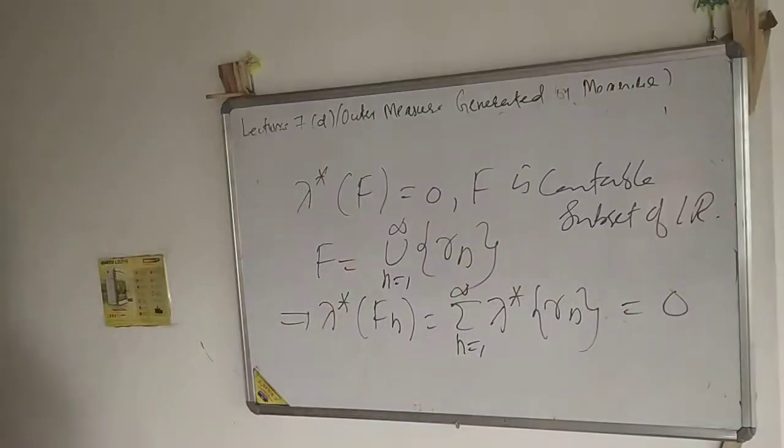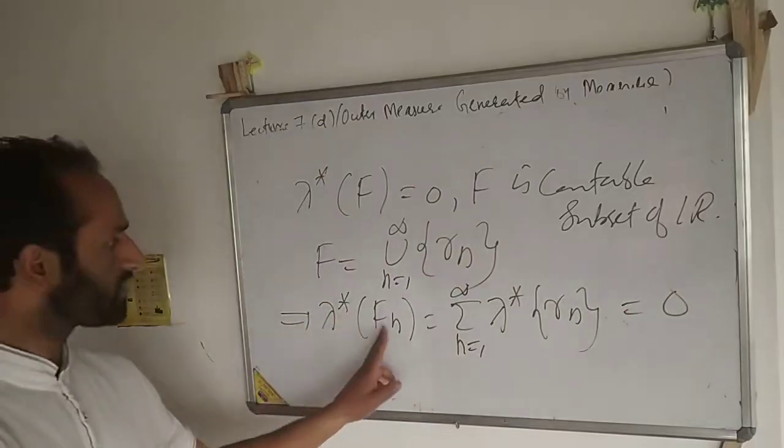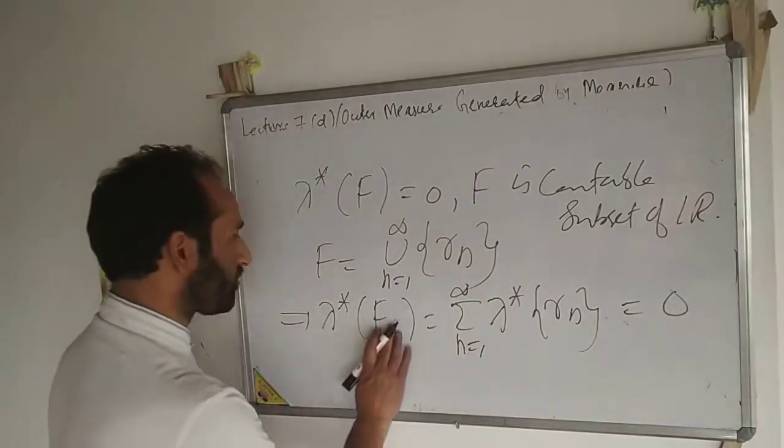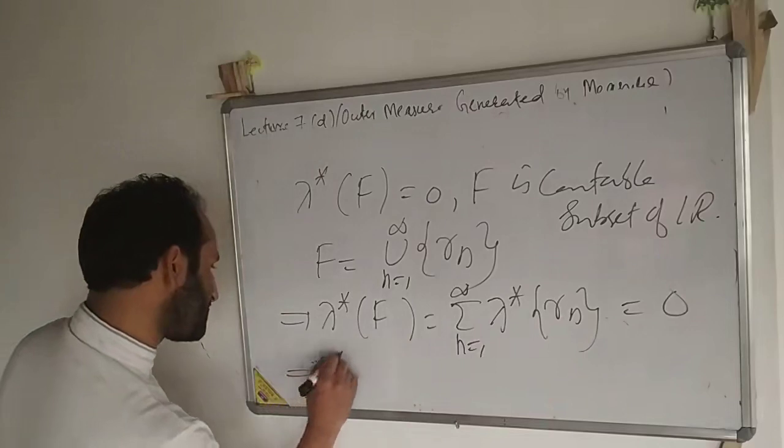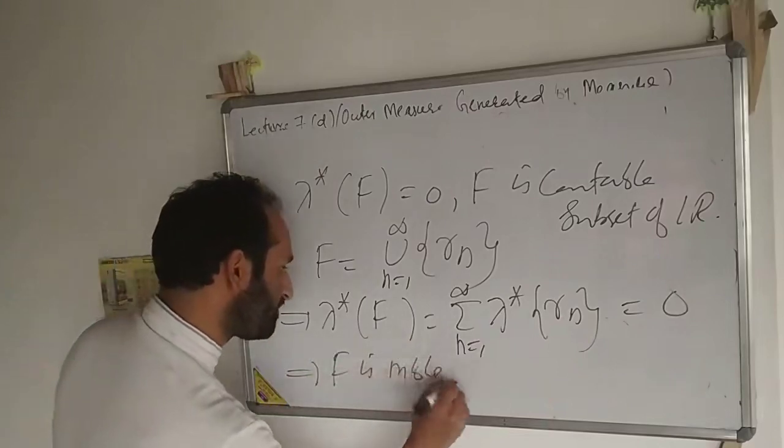So the Lebesgue measure of every countable set is 0. And any set having Lebesgue measure 0 is actually a null set. Countable sets are null sets. So hence F is measurable, F is Lebesgue measurable.